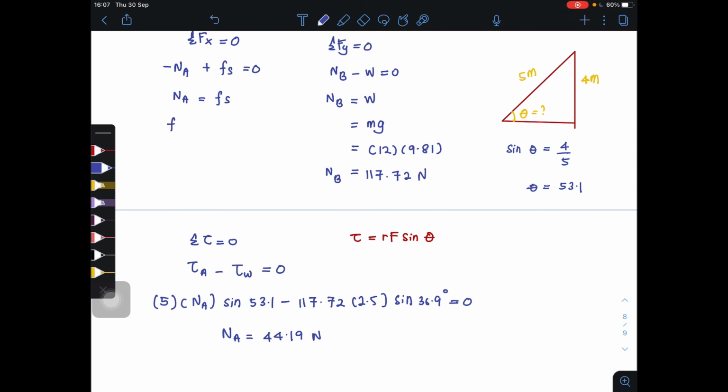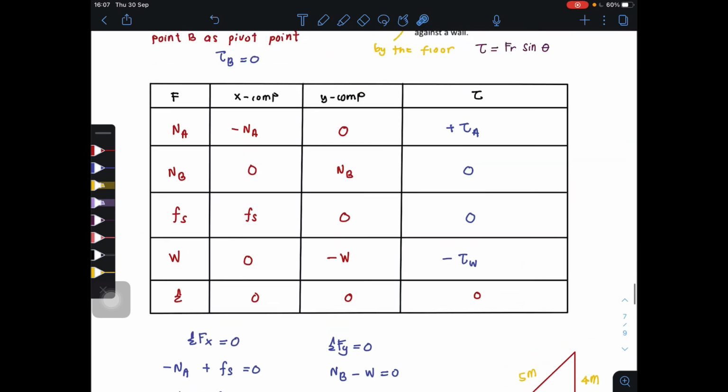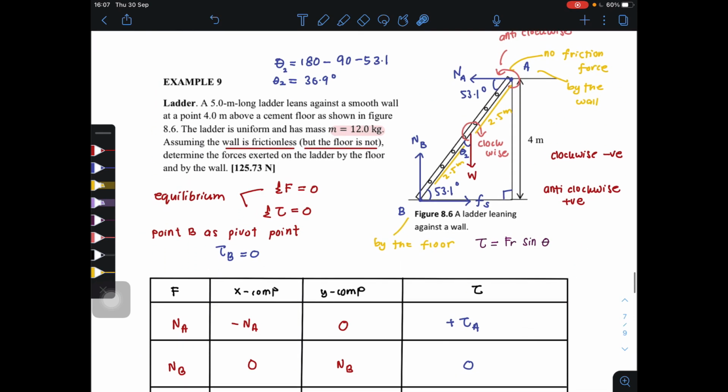So here we can say Fs is equal to 44.19 Newton. Okay, so now kita sudah ada value untuk Fs, NB dan juga NA. Okay, tetapi kita belum menjawab soalan lagi. Sebab satu dekat sini, soalan minta the forces exerted on the ladder by the floor. So by the floor ada dua, NB dan Fs.